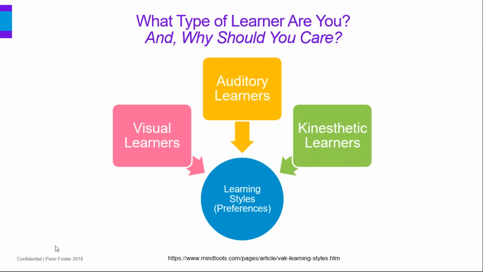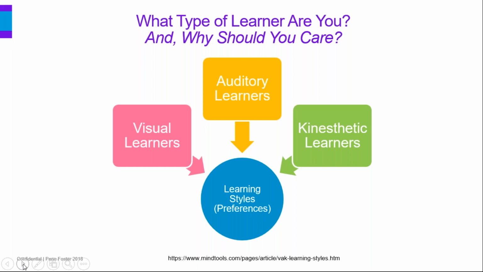And so the V stands for visual learners, the A stands for auditory learners, and the K stands for kinesthetic learners. And each of those means that people who fall into those separate categories learn best in very specific ways. But when you're thinking about it in real life, a lot of times we mix and match these and we'll use multiple modes to be able to really retain the information that we're learning.